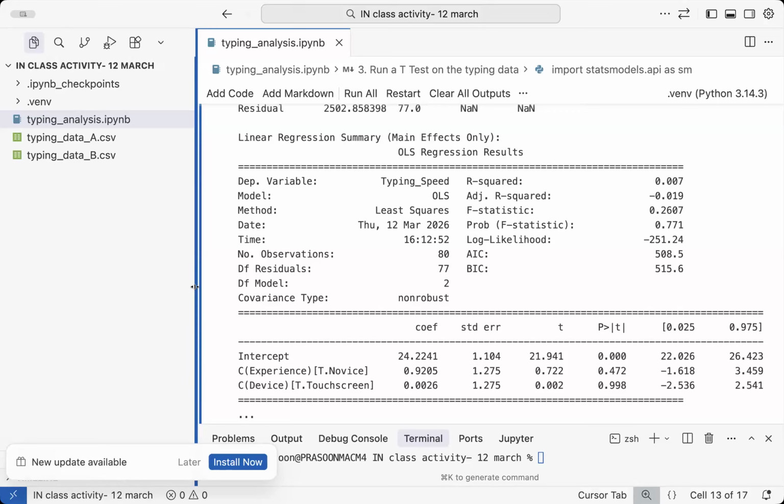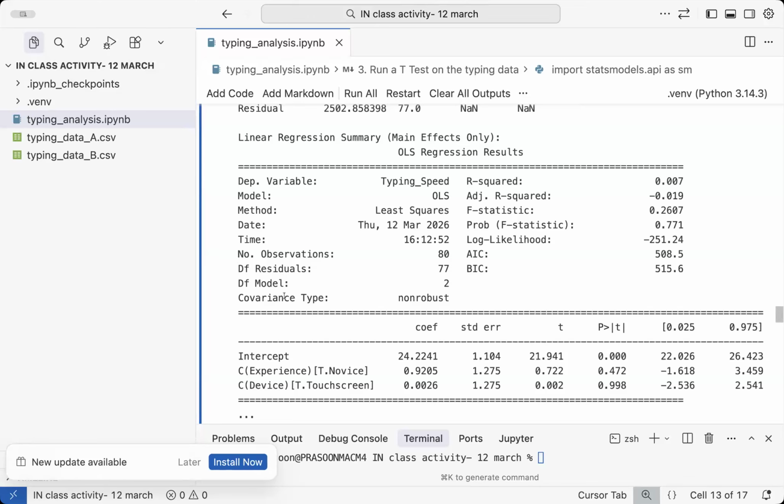And then you look at the p-value for these coefficients. This tells you if this estimated coefficient is statistically significantly different from 0 or not.